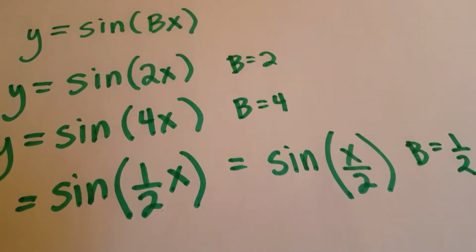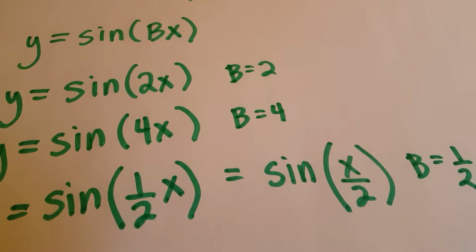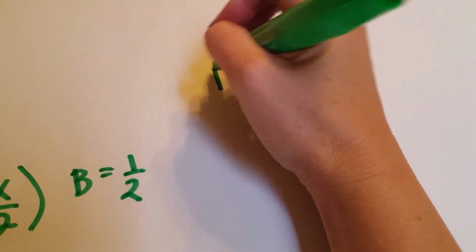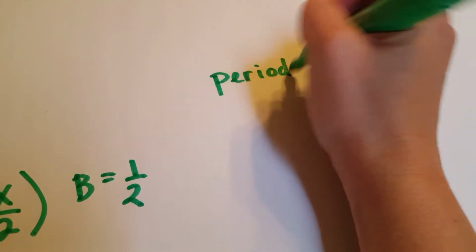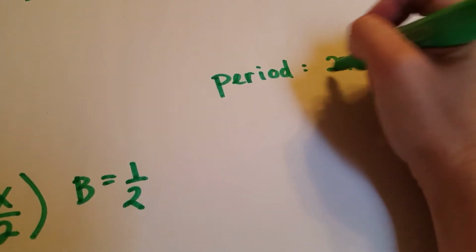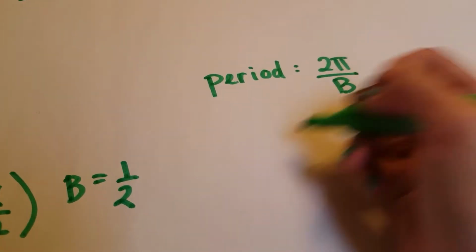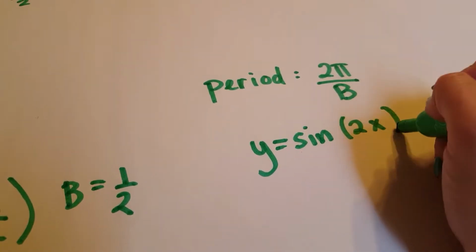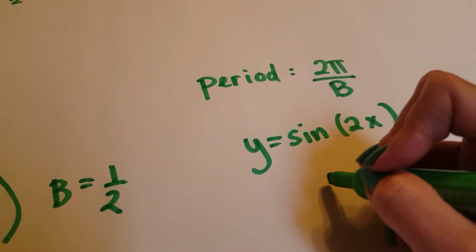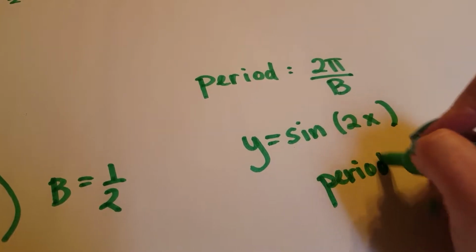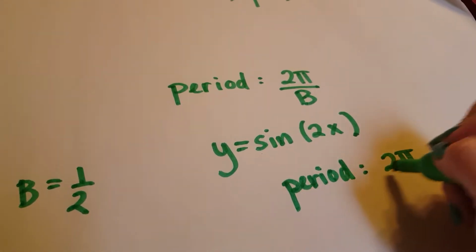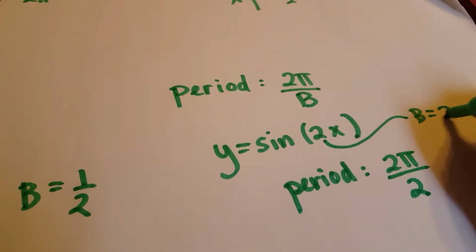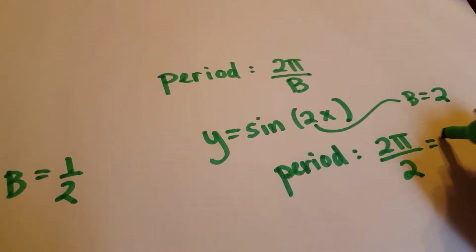When you are trying to figure out what your new period will be, you first want to identify b. And then we're going to use the following formula. The period will be 2 pi divided by b. So if you had the sine of 2x, since b is 2, the period would be 2 pi divided by 2, and 2 pi divided by 2 is just pi.